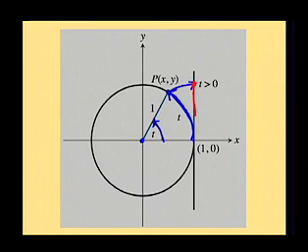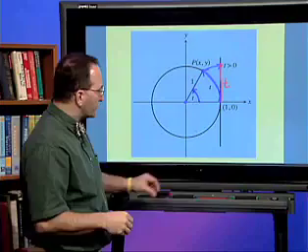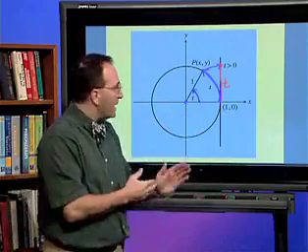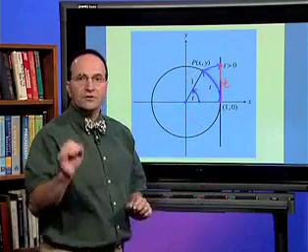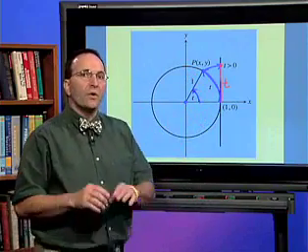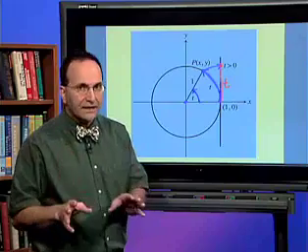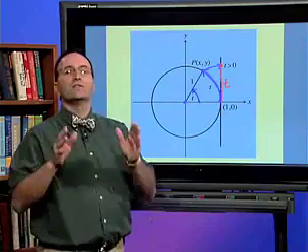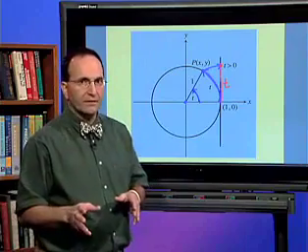And therefore, this length is also equal to t. So t is a measurement of the angle in the middle here. It's a measurement of the intercepted arc. So it provides an ideal connection between triangle trigonometry and circle trigonometry.